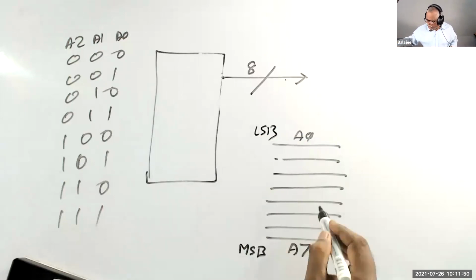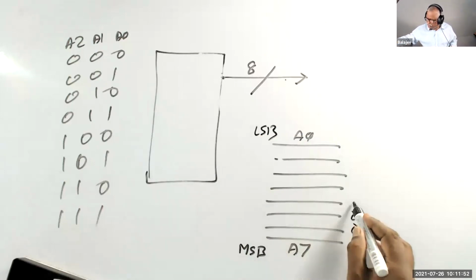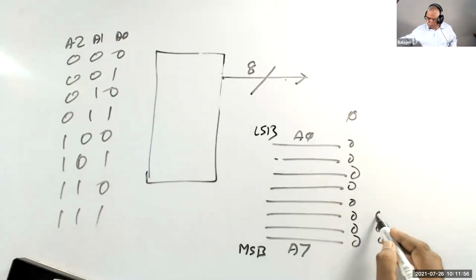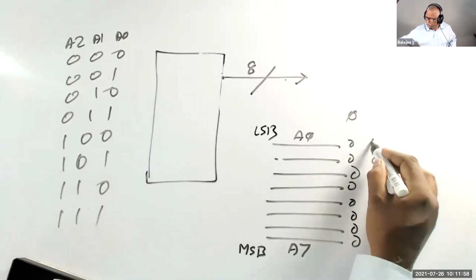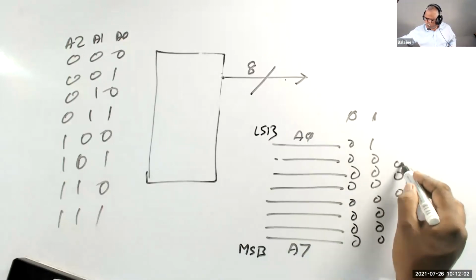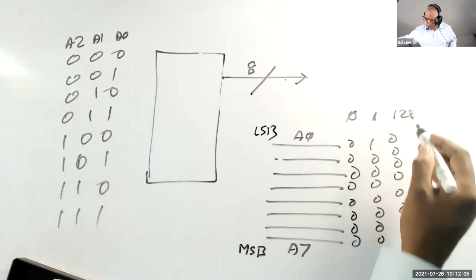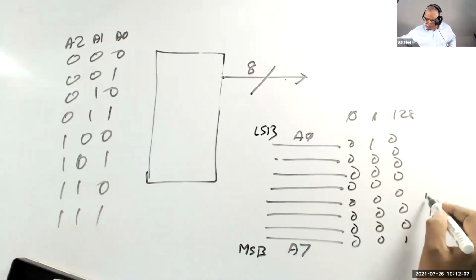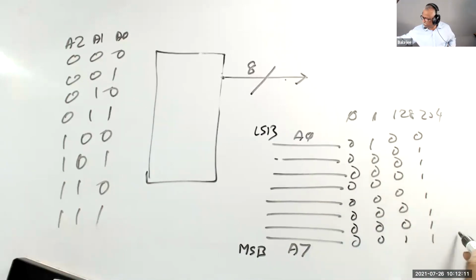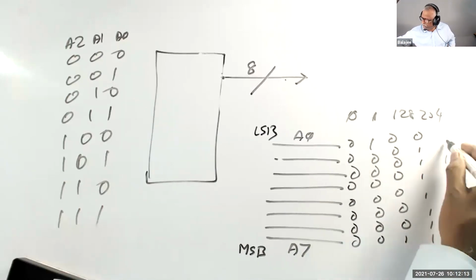So your data starts from here, 0000 0000. That is 0. Then 0000 0001. That is 1. 1000 0000 is 128. 1111 1110 is 254. 1111 1111 is 255.